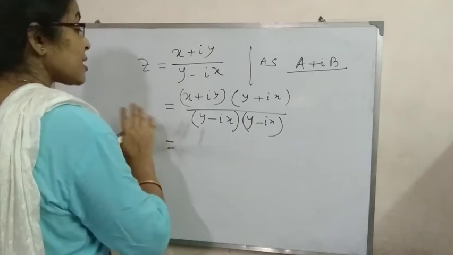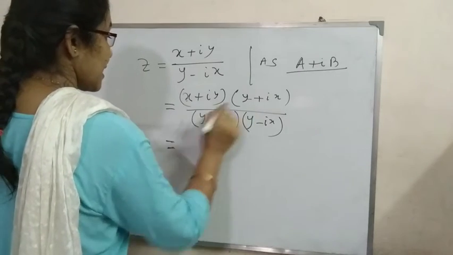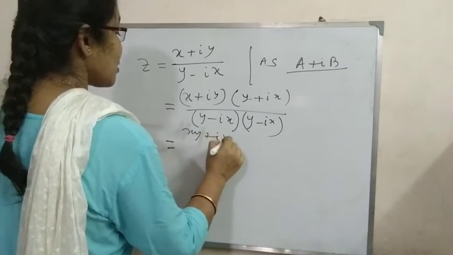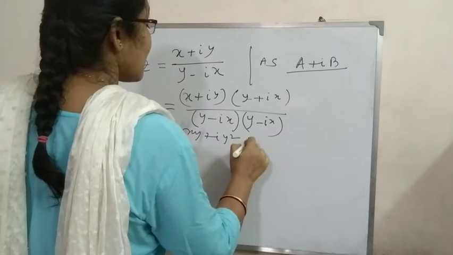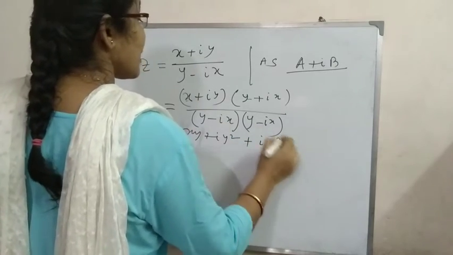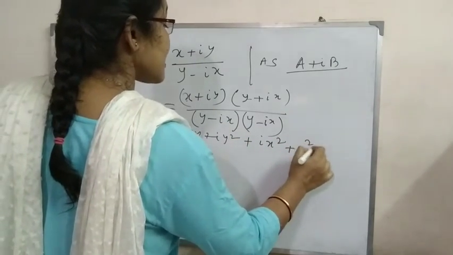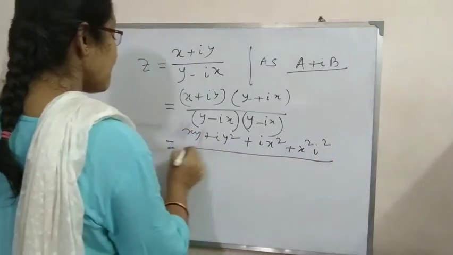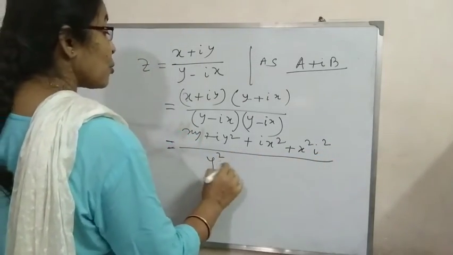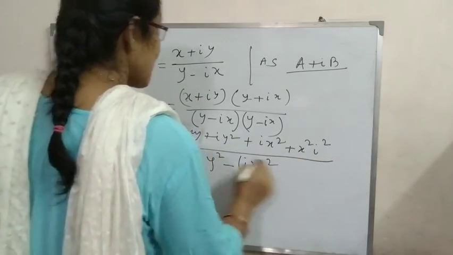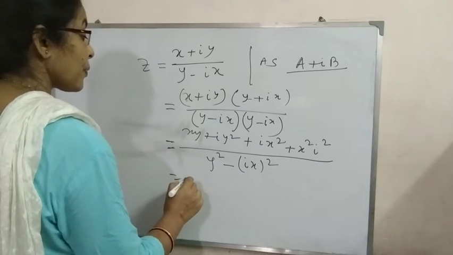After that I will do the simple multiplication, that is xy, that is i y square. After that I will write i x square. After that I write x square, that is equal to y square minus ix whole square.